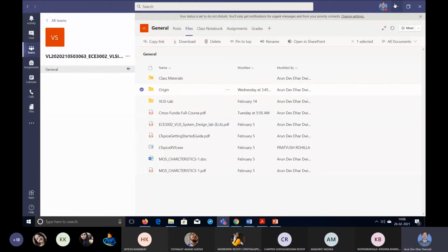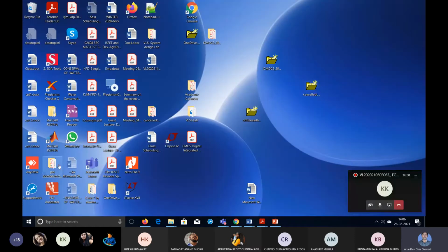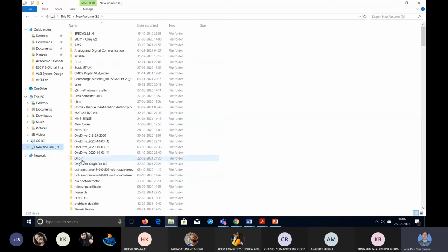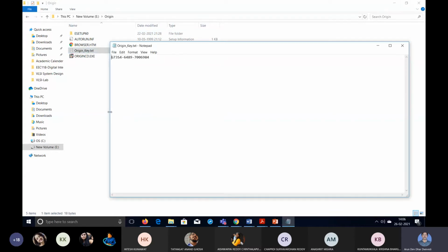I can go to the install option. Suppose I have kept this Origin file here in the E drive. There is an Origin folder in which there are so many files. First you can open this text file, origin key.txt.